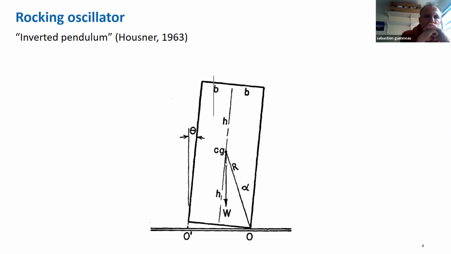So if I have a short duration impulse that manages to uplift this, but does not manage to bring this corner above this one, it's not going to overturn. And actually, the larger the block is, the harder it is to overturn it, because the distance that this corner has to run is much larger.